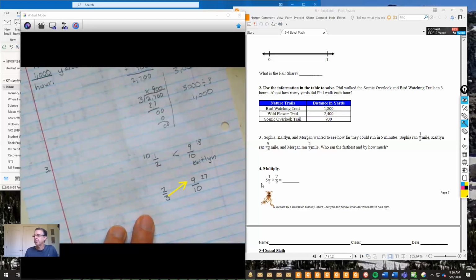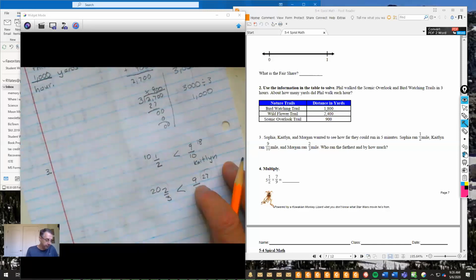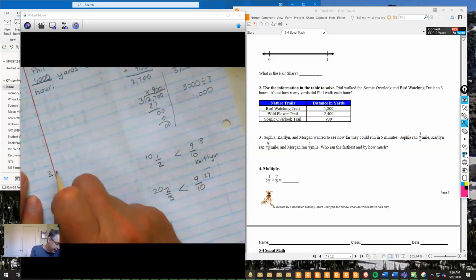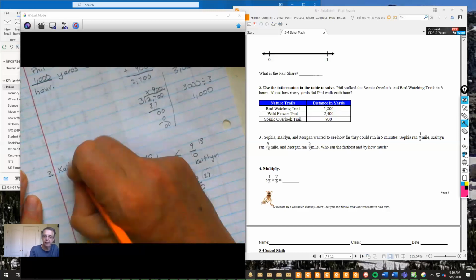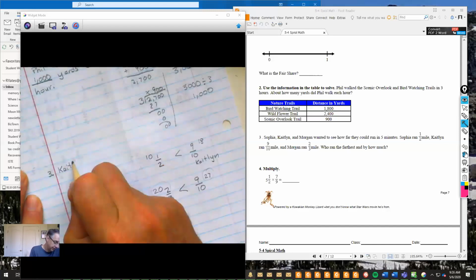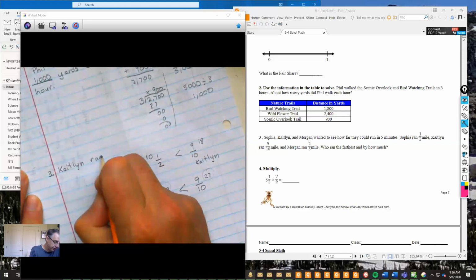I'm then going to cross multiply 10 times 2 and get 20. And it looks like Caitlin's is still the biggest fraction because 27 is bigger than 20. So we know that Caitlin is the biggest. That means that Caitlin ran the farthest. So I'm going to start my answer sentence right here by saying Caitlin ran the farthest.